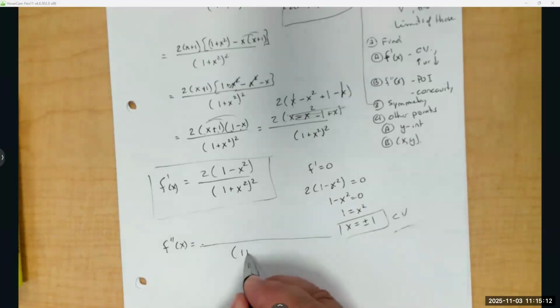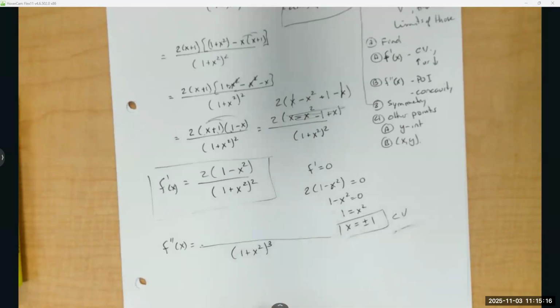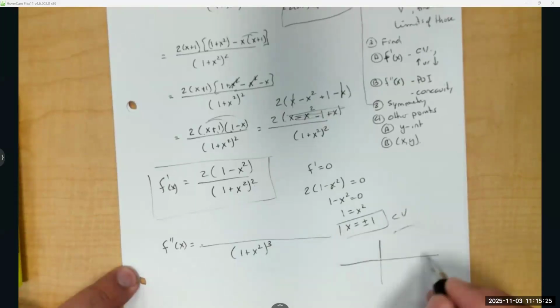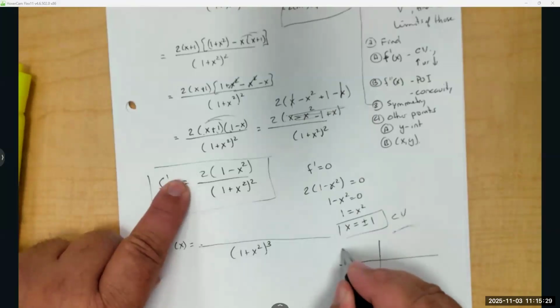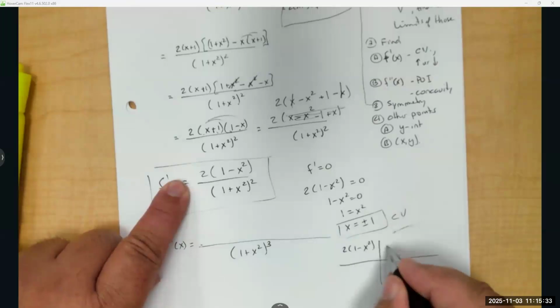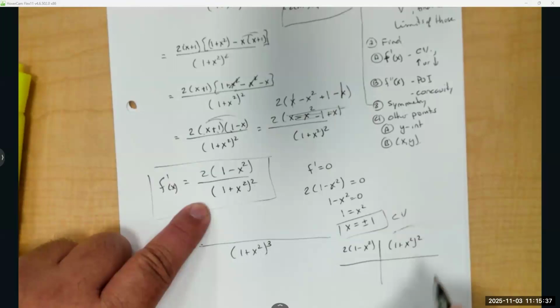And the denominator is 1 plus x squared cubed, because we increase that one by 1. So on top we have 2 times 1 minus x squared, times 1 plus x squared squared.